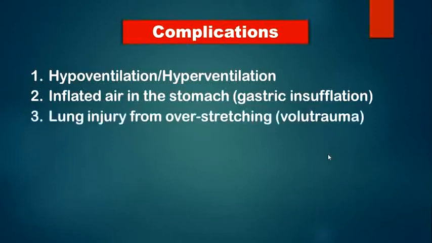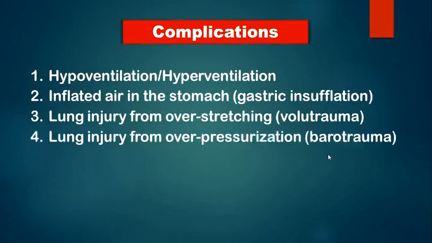Lung injury from overstretching. We have two traumas that can happen to the lung from use of the Ambu bag. Either overstretching leading to volume trauma, related to the volume, or overpressurization, related to the pressure yielded by the Ambu bag, called barotrauma.